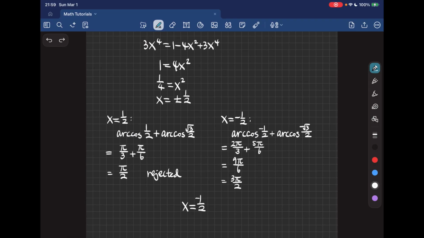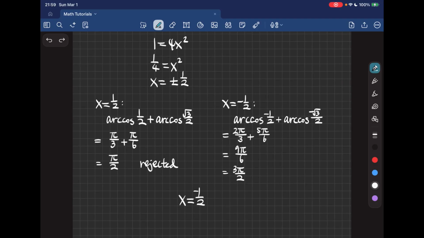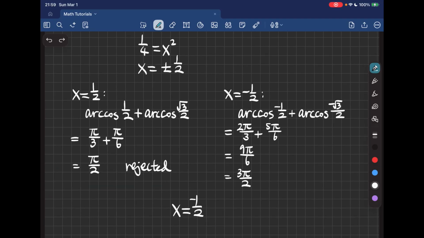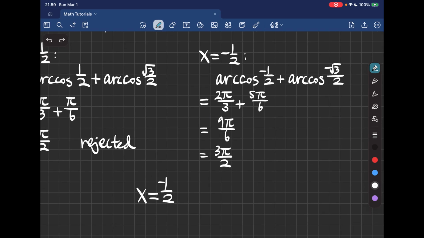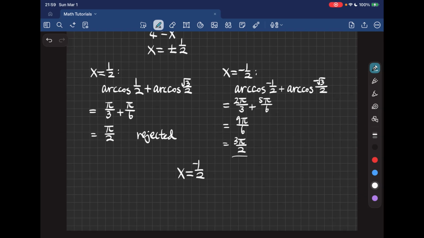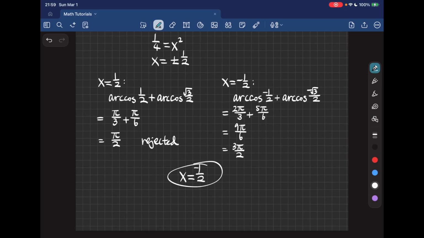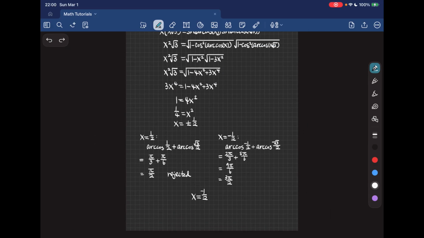But we want to check whether they actually work by substituting them back into the original equation, and you will find that we need to reject x equals half because it doesn't equal 3 pi over 2. But the other one, x equals negative half, is true. It equals this value, so we can only keep the one that is valid.